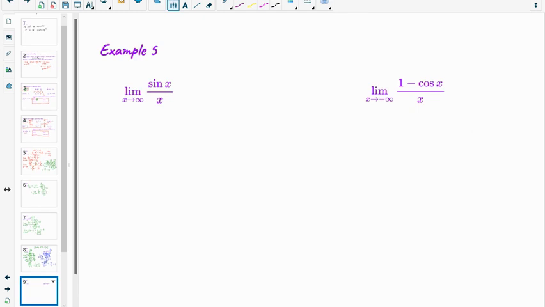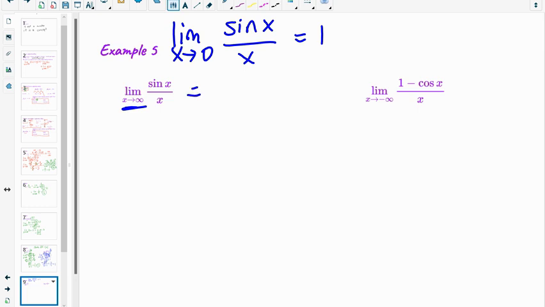Example 5. Now we may want to remember that the limit as x approaches 0 of sine x over x is equal to 1. But now we're headed towards infinity. Well, if we were to simulate it by plugging it in, it's sine of infinity over infinity.